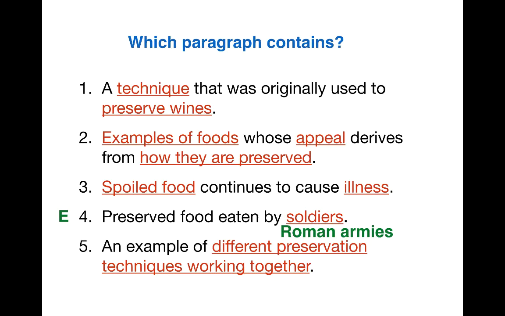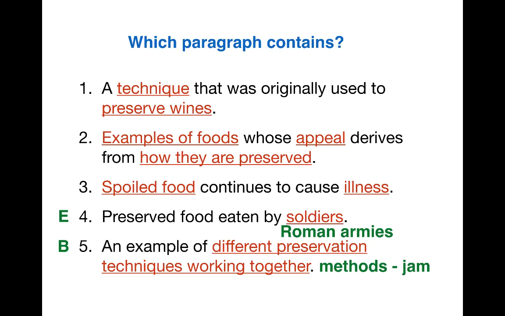The other one that I got from memory was number 5, an example of different preservation techniques working together. Hopefully that one was easy for you too, because we did that in paragraph B about the jam. The methods for jam preservation. Remember, the sugaring, the boiling, sealing in a jar were ways to stop bacterial contamination.